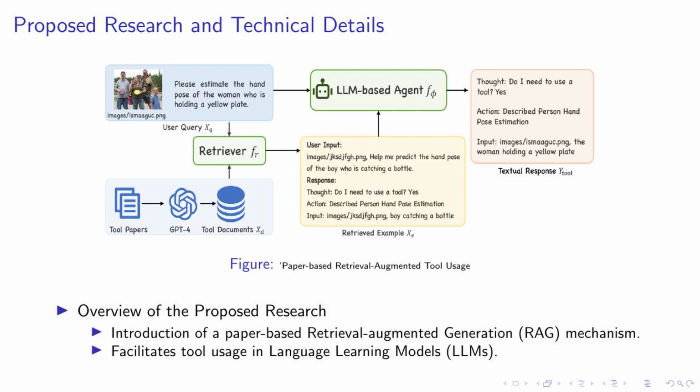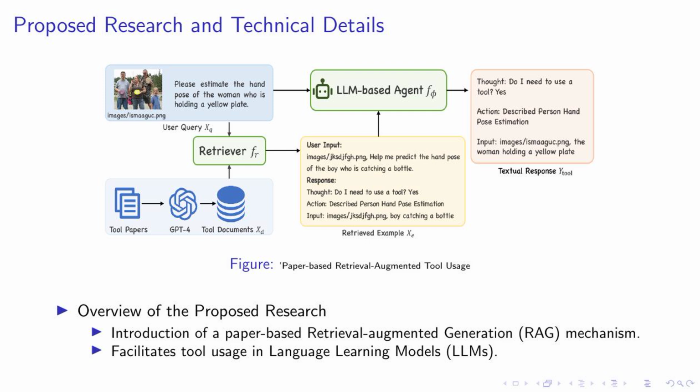In this slide, we delve into the technical details of our proposed research. We introduce a novel mechanism known as the paper-based Retrieval-Augmented Generation, or RAG for short. This mechanism is designed to enhance the functionality of language learning models, or LLMs, by facilitating their usage of tools. As you can see in the figure, the RAG mechanism works by inputting academic papers related to each tool into a model like GPT-4.